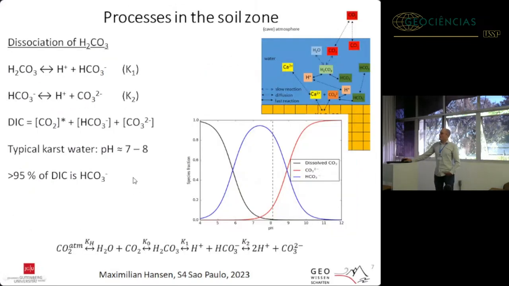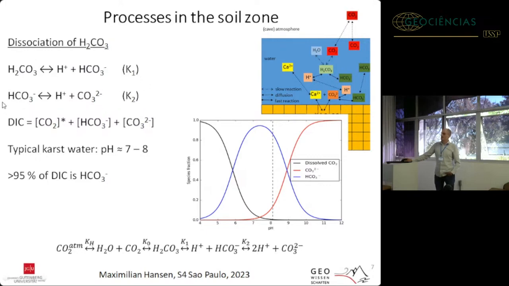Once the carbonic acid is formed, it will dissociate in different stages. The first stage is the formation of hydrogen ions and bicarbonate, with a reaction constant which is usually stated as K1.